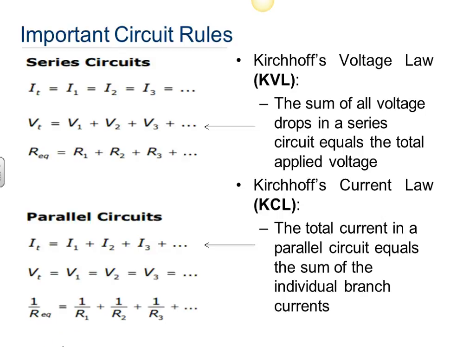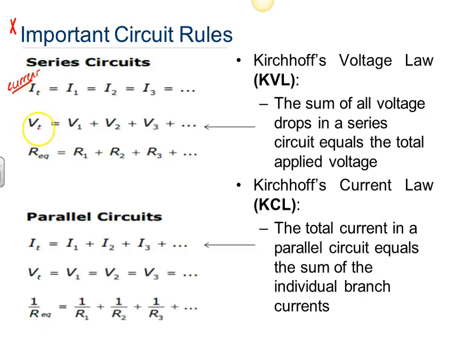So some important circuit rules, some equations that I recommend that you make sure that you have written down somewhere, or look to your PLTW equation page to make sure that you have them there. For series circuits, remember, I stands for current. In this case, for series circuits, the current is the same everywhere in the circuit. No matter where we look, we'll have the same current, measured in amps.